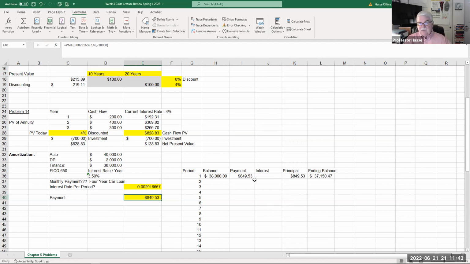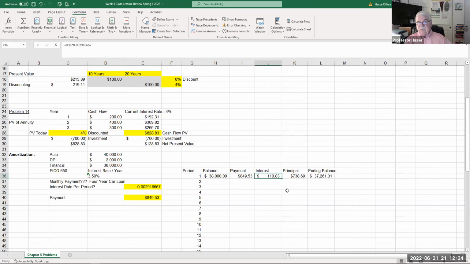So my first payment is going to be $849.53, and the interest is going to be that $38,000 balance times 0.002916667. So the interest portion of that payment is going to be $110.83. I'm taking the first outstanding balance times that interest rate per month. So it's going to be $110.83.